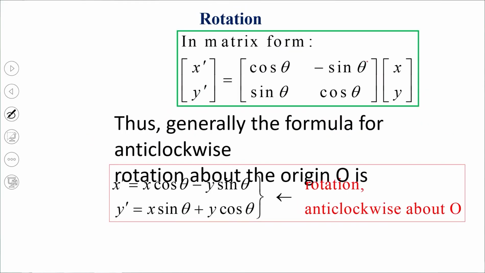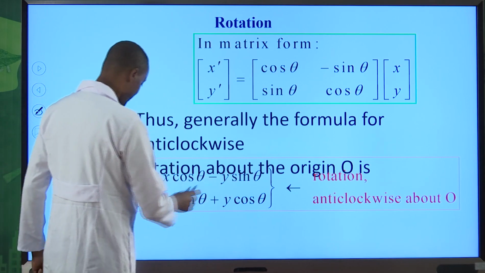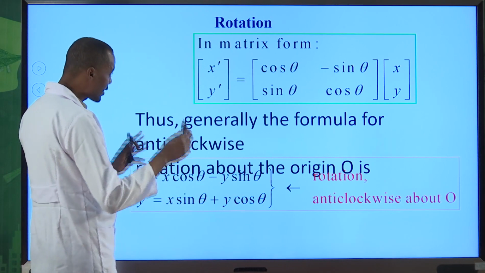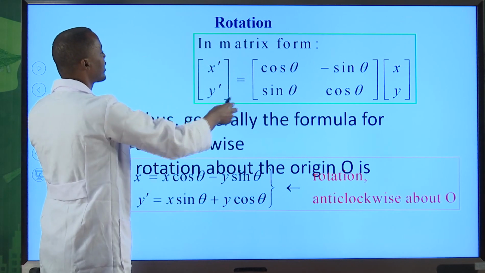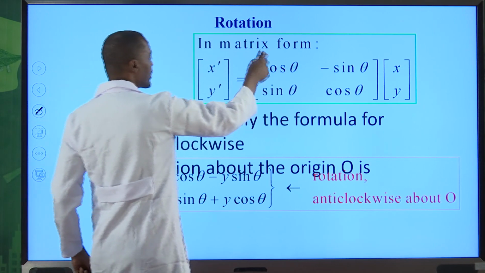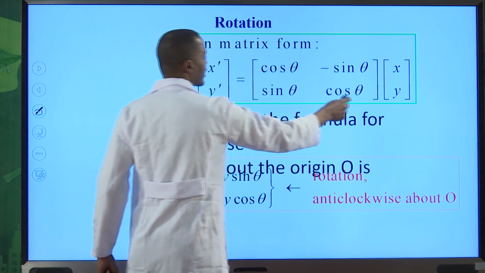And then finally, we can rewrite our expression as x prime equals x cosine theta minus y sine theta, and y prime is equal to x sine theta plus y cosine theta. Or in matrix form, we can represent it as a column matrix, x prime and y prime, equal to the matrix cos theta, minus sine theta, sine theta, cos theta, times x, y.